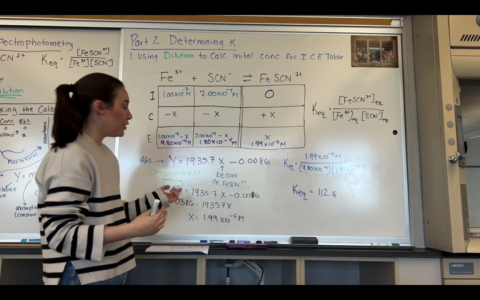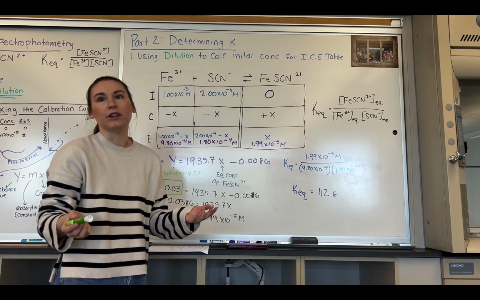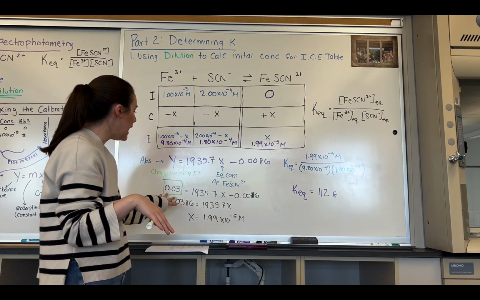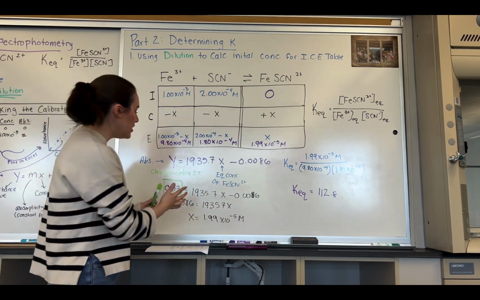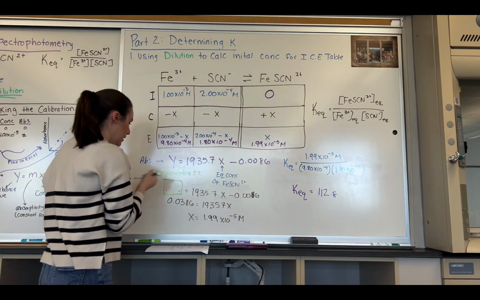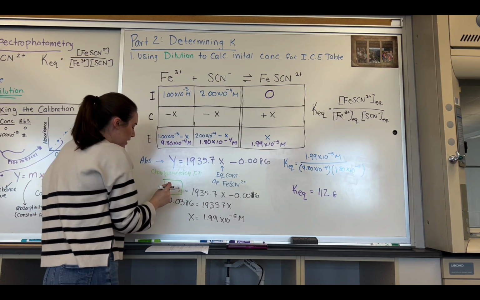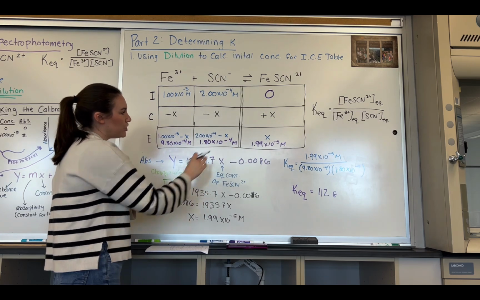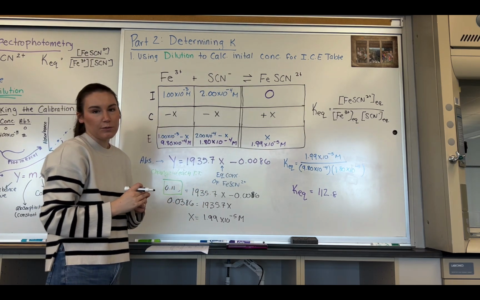So instead of 0.03 for test tube number 6, I think for test tube number 10 and what I did previously, I got 0.11. So instead of putting 0.03, I could write in 0.11 and solve differently and get a different x, and then that would change how these variables change as well.